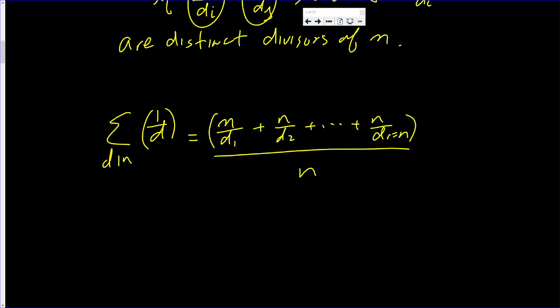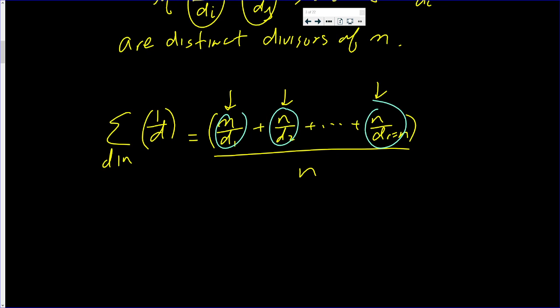But those are the divisors. One of these will equal d1, one of them will equal d2, one of them will equal d3, etc. Those are the divisors of n.